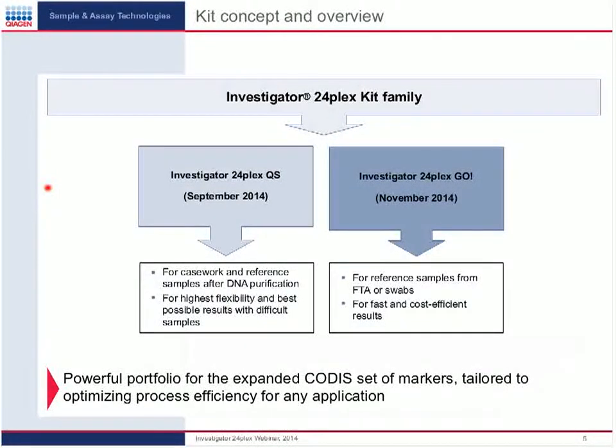This is intended to be used for purified DNA from casework or reference samples. So if you have very difficult samples, you should use the 24-plex QS kit. On the right side, I displayed 24-plex Go. This is intended to be used for reference samples, for example, from FTA cards or swabs. And this is a very fast and cost-efficient approach.